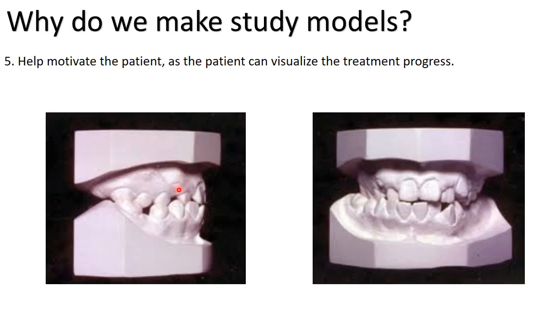You can see here a patient with an erupted canine, an anterior crossbite in the lateral incisor, and crowding in the lower arch. The patient can see the results, and he can be motivated when he compares the before and after results.